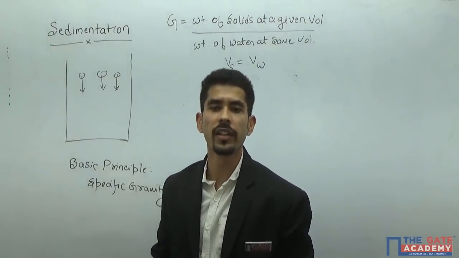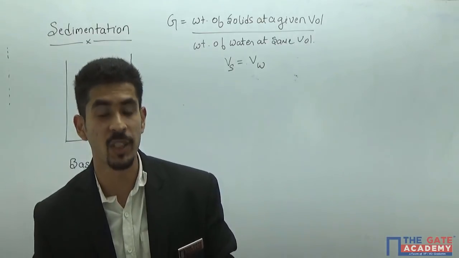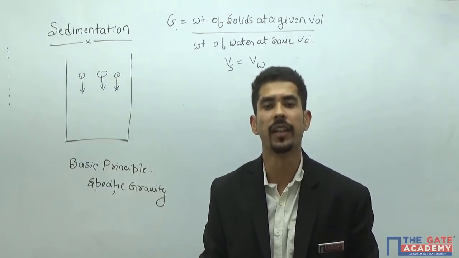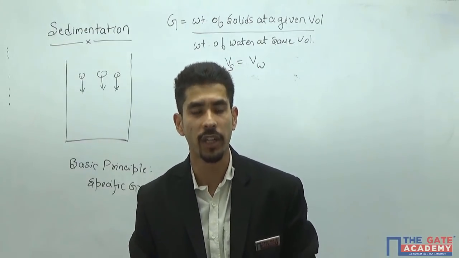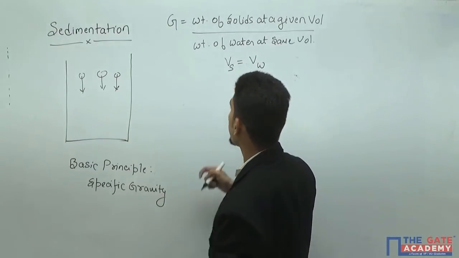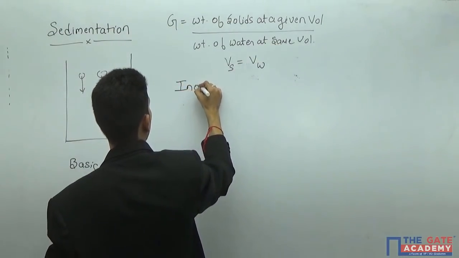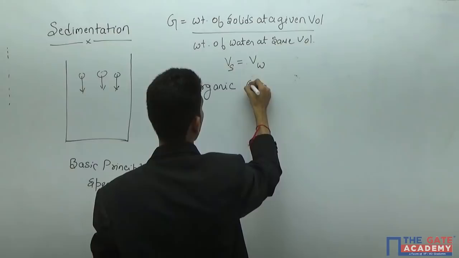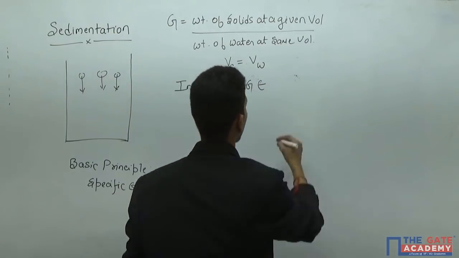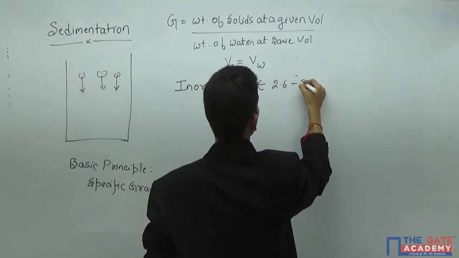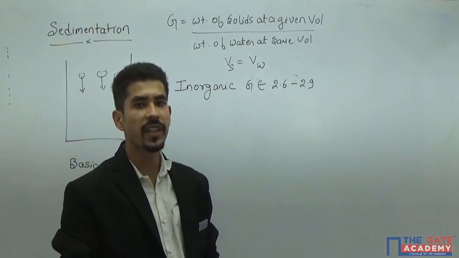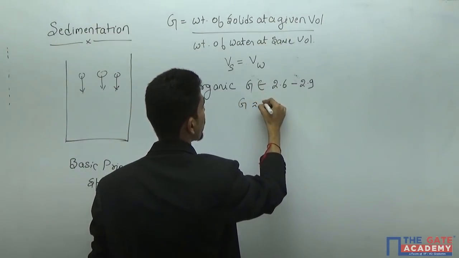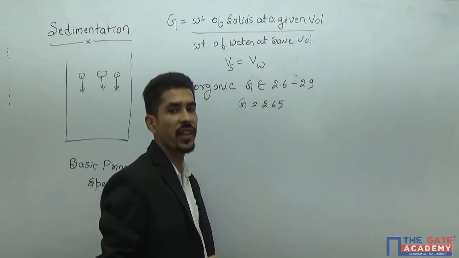Now, the suspended solids which are present can be of two types. One, it can be inorganic, the other can be organic in nature. So for inorganic particles, your specific gravity, the value of G, lies in the range of 2.6 to 2.9, and is generally taken as 2.65.